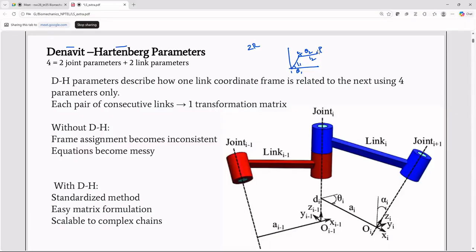Such a formulation may be simple for a 2R case, that is for cases having only two links.